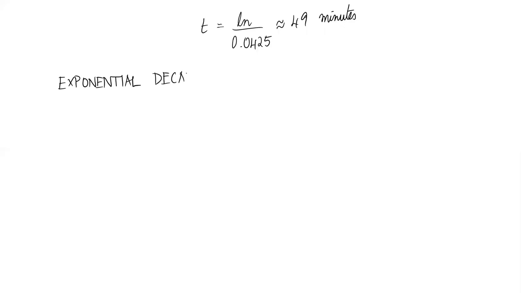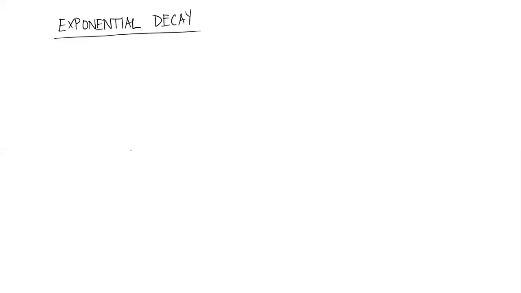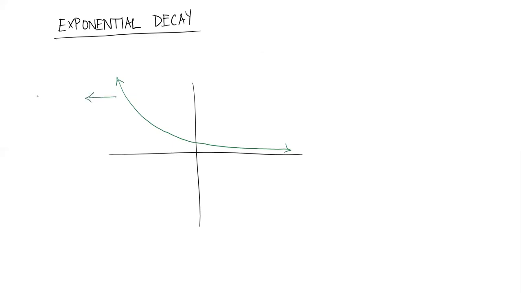As we can very well recall, exponential decay is marked by your graph coming down like a plane landing, right? Growth was takeoff, this is plane landing. And so we'll mark this as exponential decay.